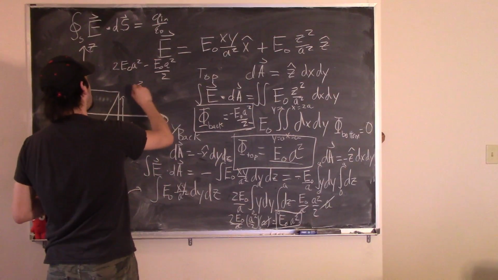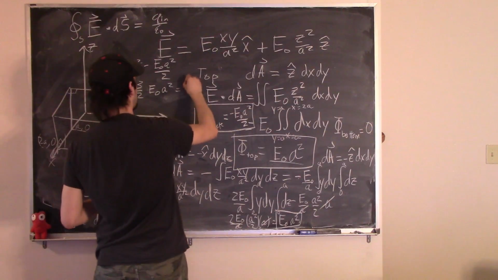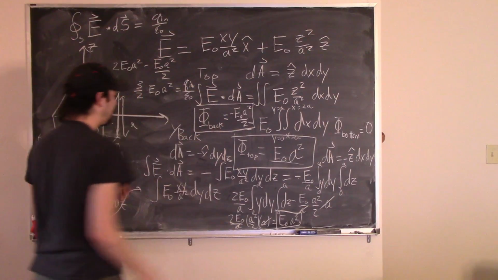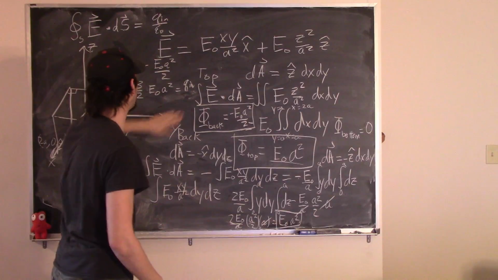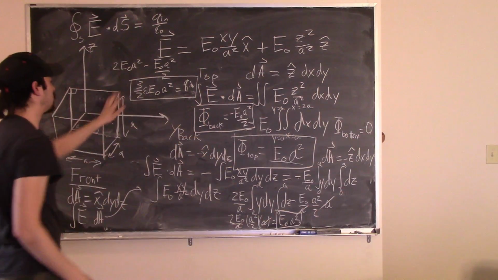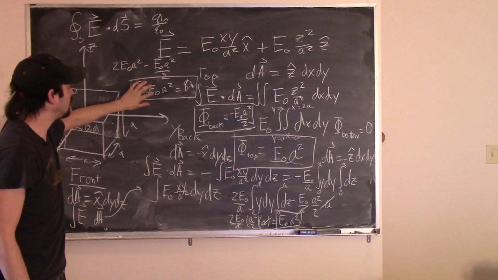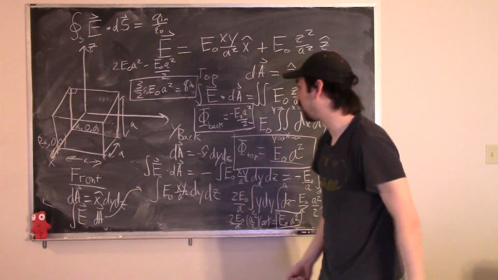And so this is going to be 3 halves E0 a squared, which is equal to Q in divided by epsilon naught. And then we can just rearrange to find what Q in is. And so Q in is going to be 3 halves epsilon 0 E0 a squared. Okay? And then that's pretty much it.